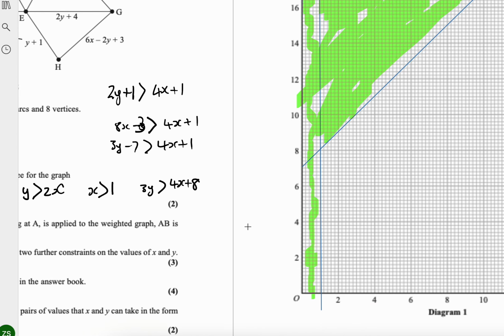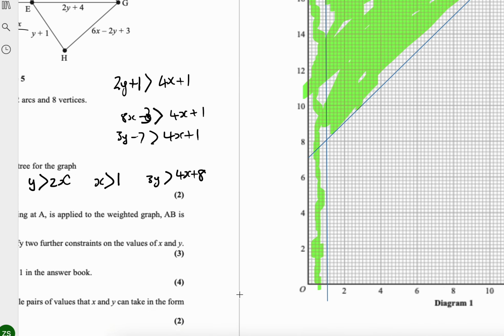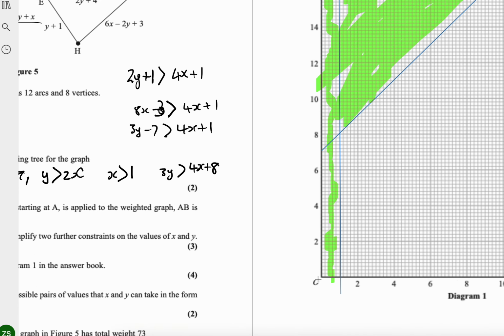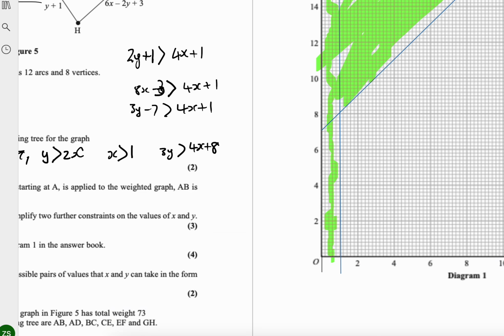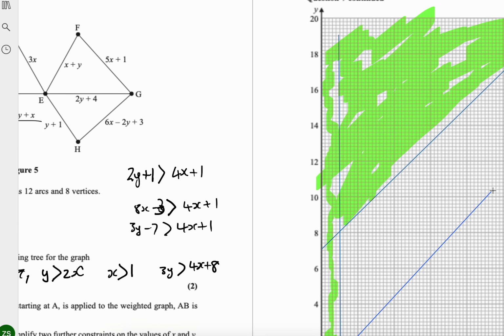y is greater than 2x. So it crosses the origin. But when x is 10, what's y? y equals 2x. Okay, so when x is 10, y is 20.